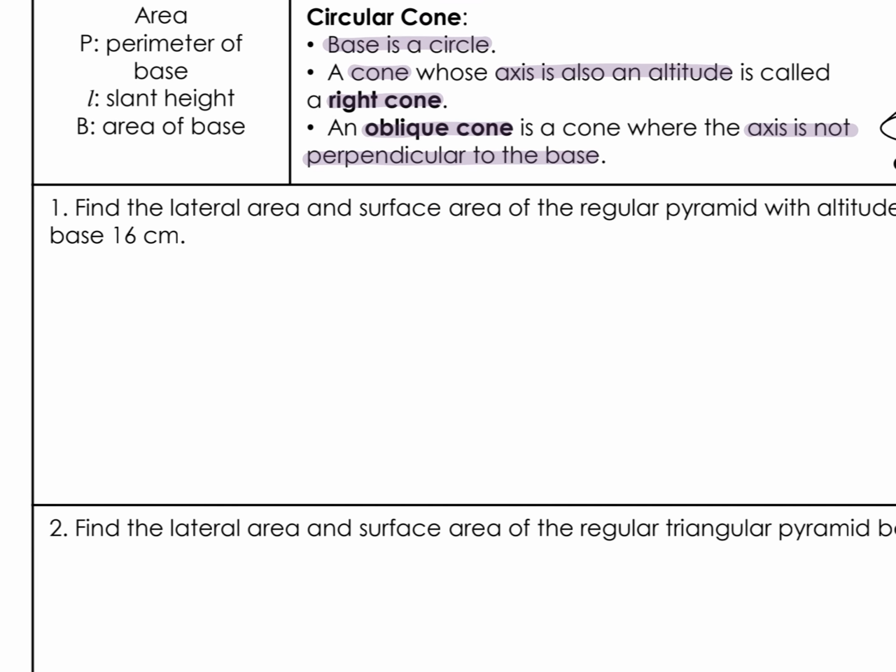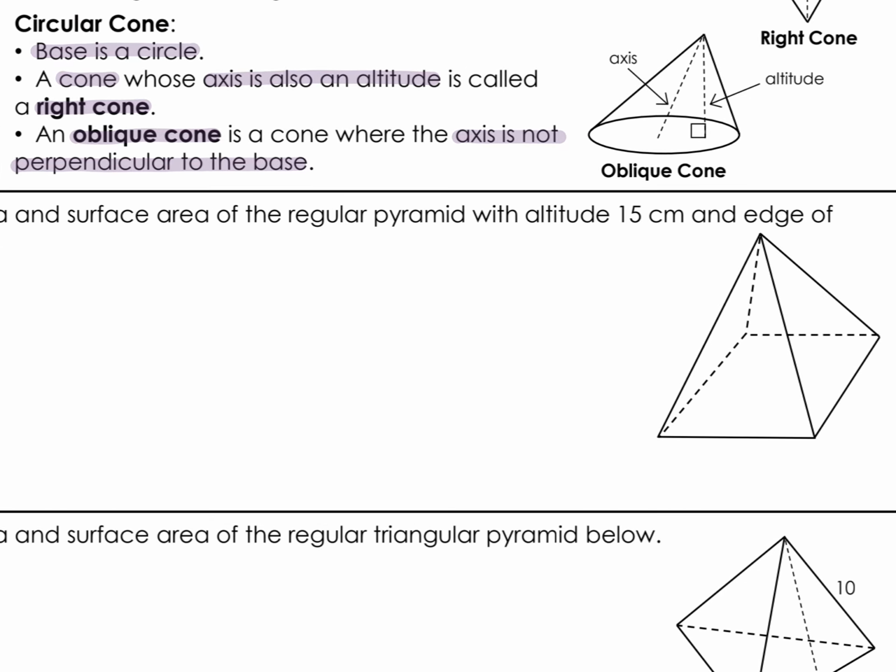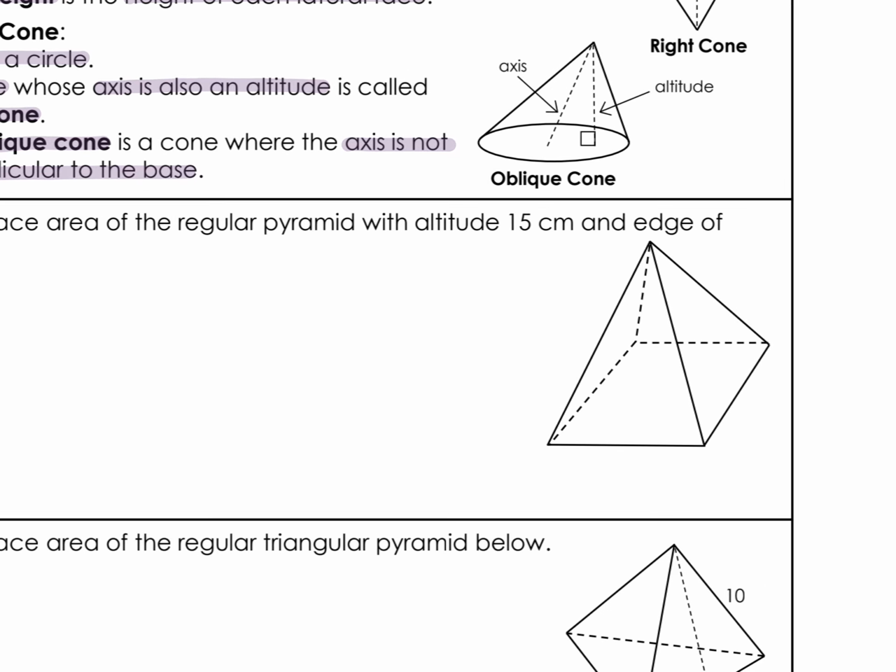We have find the lateral area and surface area of the regular pyramid whose altitude is going to be 15 centimeters. So let me label my picture real quick. I'm just going to draw it to be perpendicular so that I know, and say that this right here is going to be 15 centimeters.